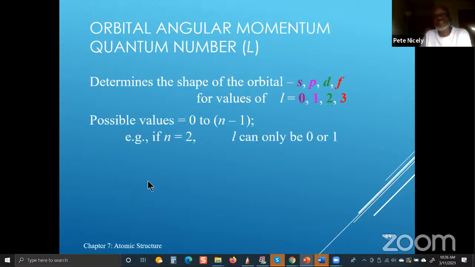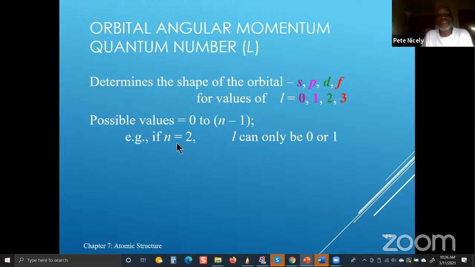Now, the possible values of l are dependent on the n value, the principal quantum number, or the shell number, all right? These are the ranges here. The possible values of l can range from 0 to n minus 1, where n is the principal quantum number, all right?